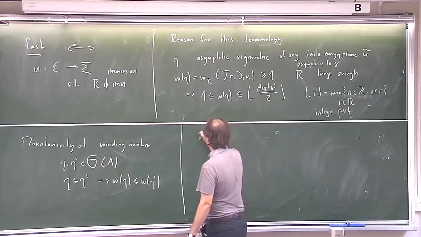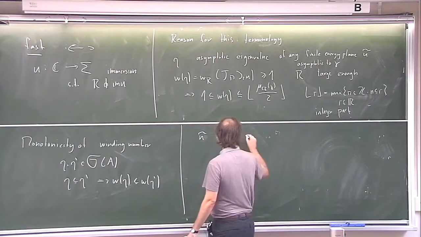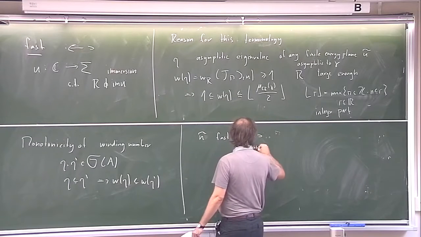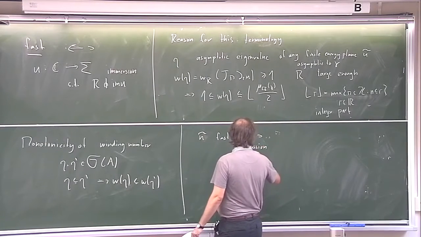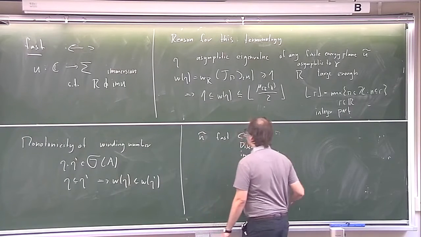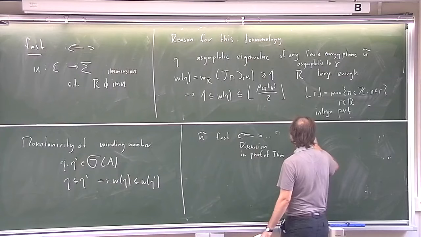and if U tilde is fast, then by the discussion in the proof of the theorem, the winding number of delta is 1.